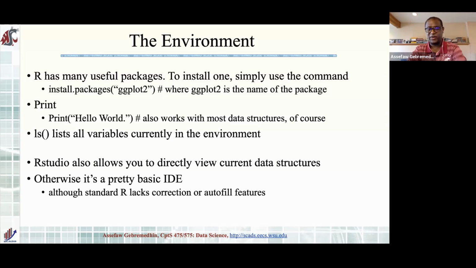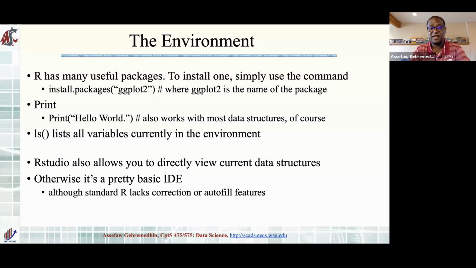Otherwise, the environment, especially RStudio, is an IDE. Many people think this is one of the best IDEs they have worked with, and there are many reasons why you may say that. From what I have seen, I would agree that the RStudio integrated development environment is intuitive, nice, and has a very nice user interface.